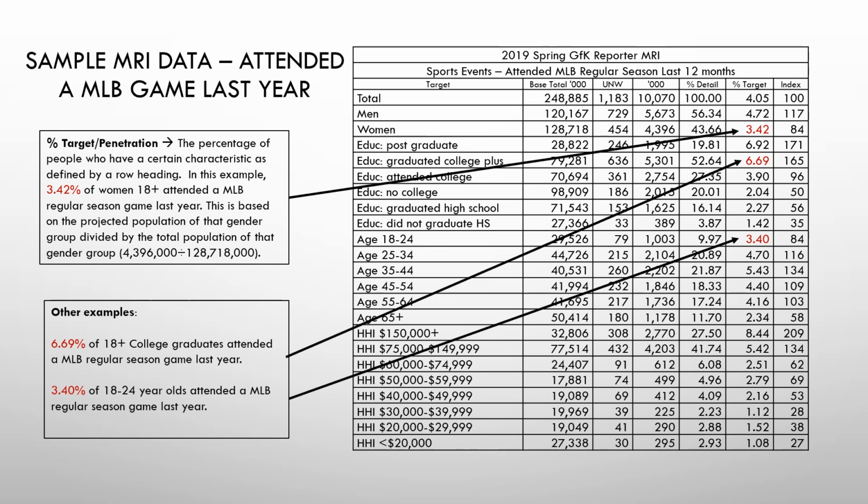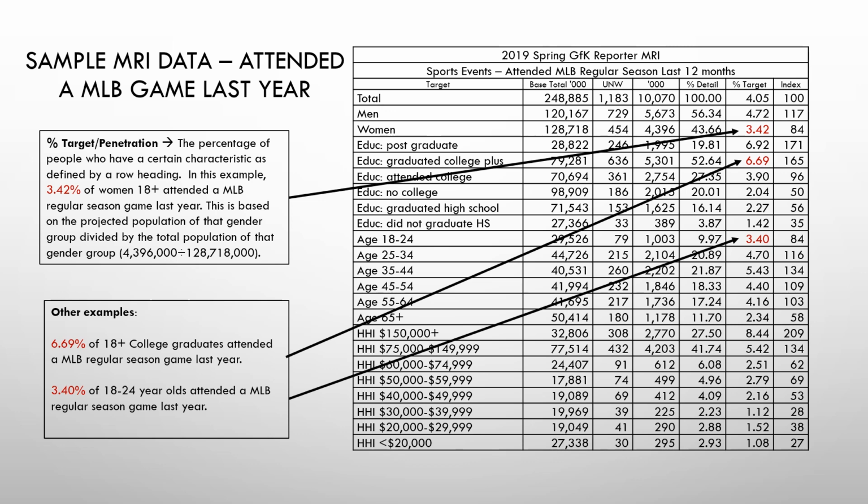Some other examples here: for instance, people with a postgraduate degree or more, 6.69% of 18-plus college graduates attended a Major League Baseball game last year.